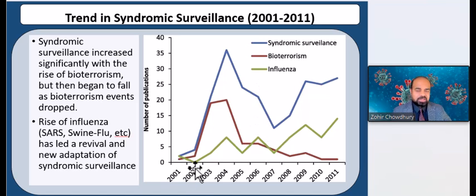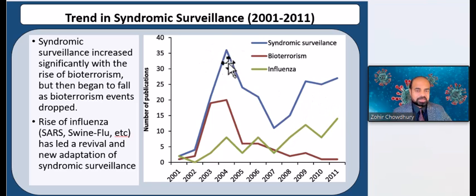However, with the rise of influenza in 2003, 2005, as well as 2009, we have been seeing more and more flu-like pandemics out there. The syndromic surveillance system in general started shifting their focus from bioterrorism, which is depicted in here, to more following the influenza outbreaks out there and being able to predict them earlier.